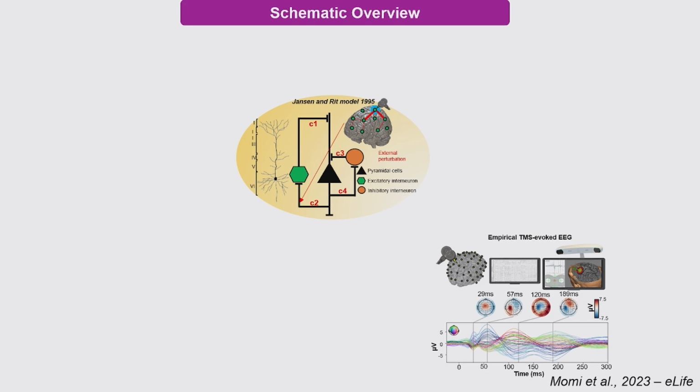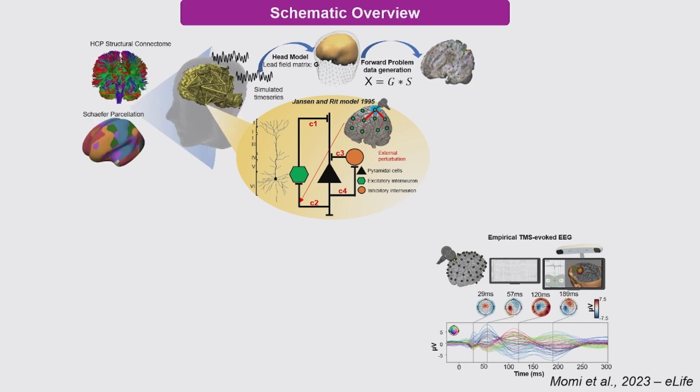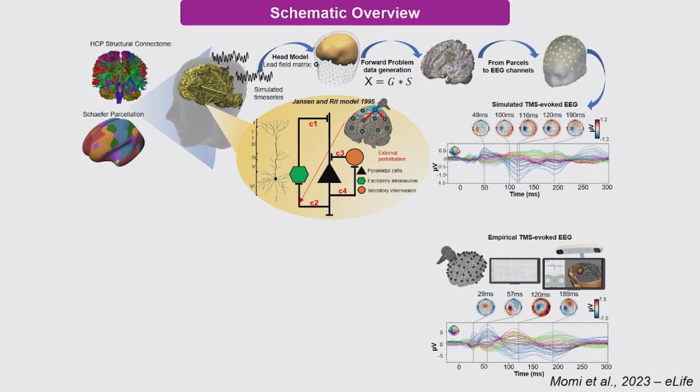What we did is that we embedded this model in a 200-parcel, 7-network parcellation coming from here. Then we model the connectivity between parcels with DWI, and we simulate the activity at the level of the sources. Then we move back to the space of EEG, as I said I will show you this morning during the hands-on session. And we got the first simulated TMS-EEG time series.